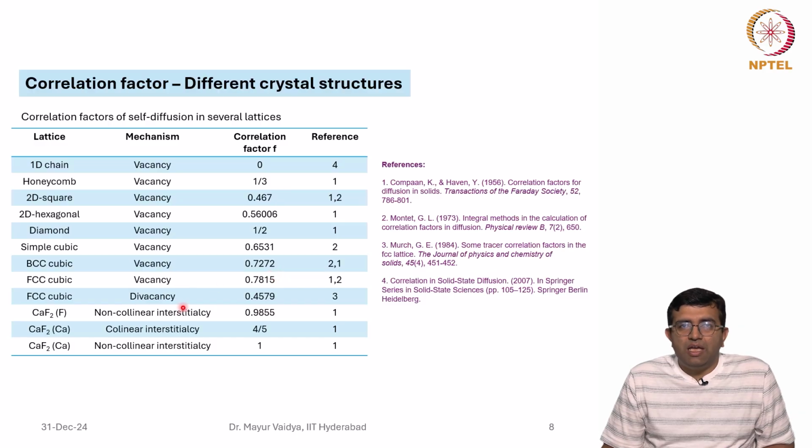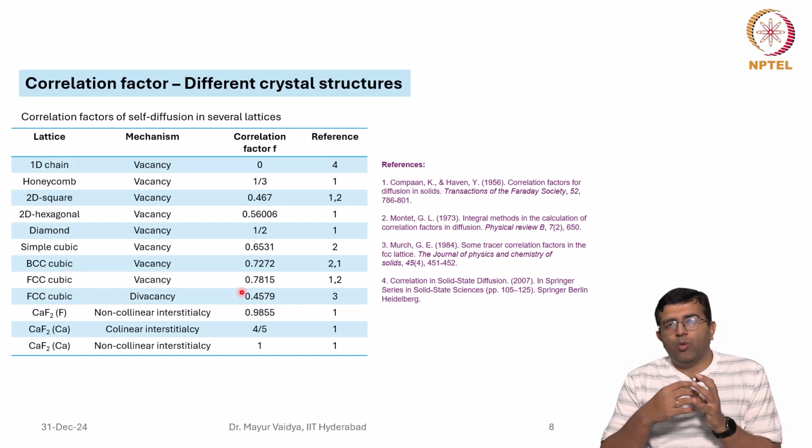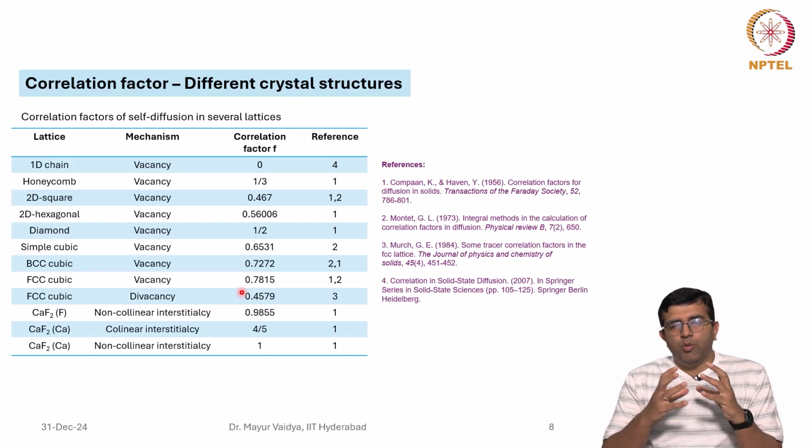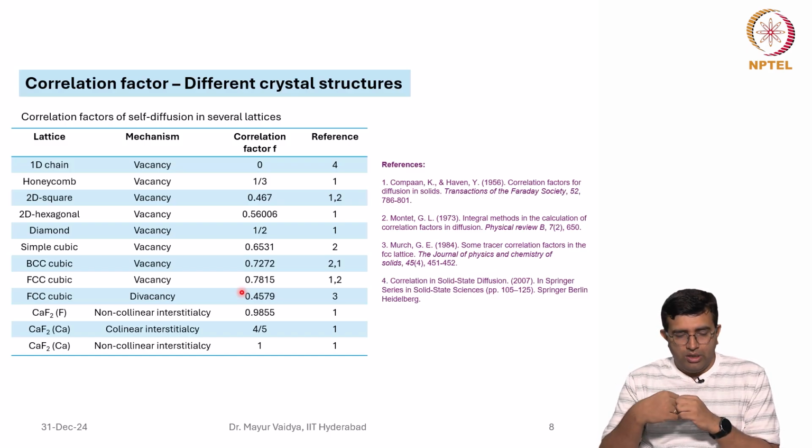When you have a divacancy mechanism, the correlation factor is 0.45. So, for the same crystal structure, you have a different correlation factor depending upon the mechanism of diffusion. Both the mechanism and the crystal structure play a role here.